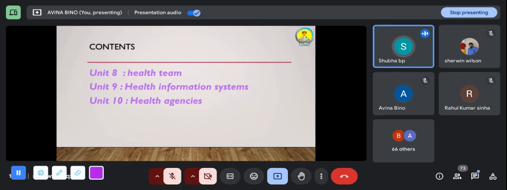And the last unit is unit 10, that is health agencies. So what are the agencies? In agencies there are voluntary agencies and involuntary agencies. You know the meaning of voluntary. Voluntary means people are interested and they join those agencies on their own.